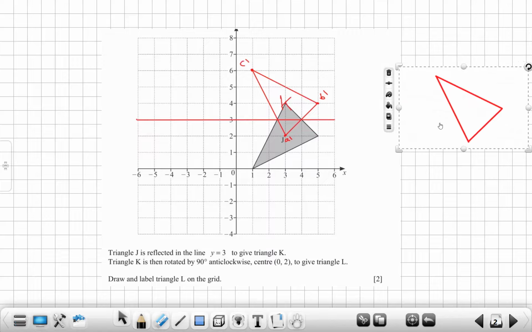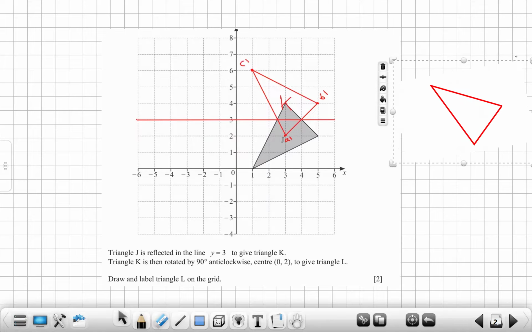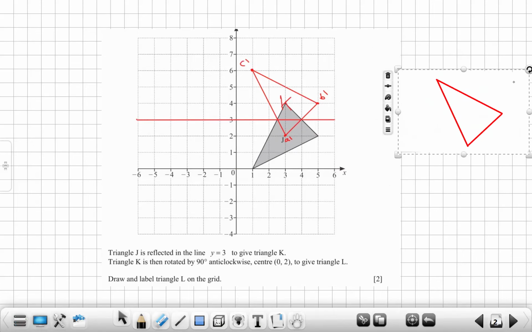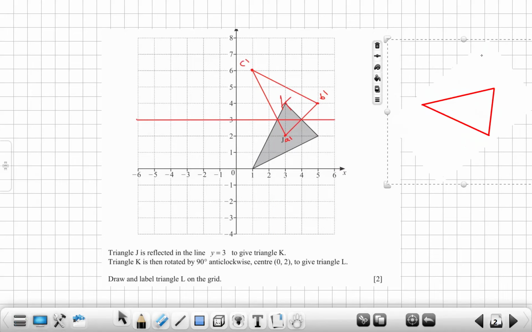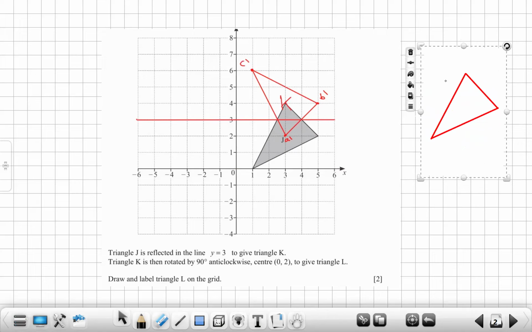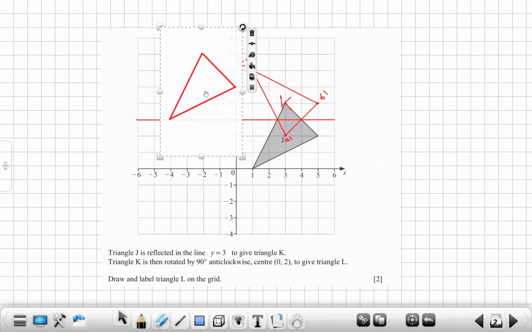I will not be able to do this 100% on the graph, but you will be able to do it by fixing your pen on 0, 2 and rotating the paper 90 degrees, which is instead of making it landscape this way, I'm going to make it anti-clockwise this way. That's it. You're going to find that the new position is here, which is this place exactly.